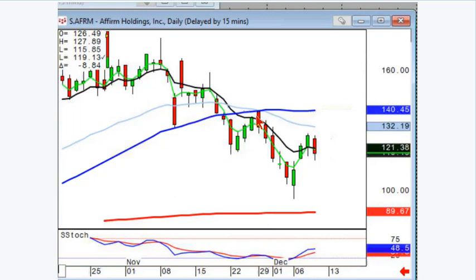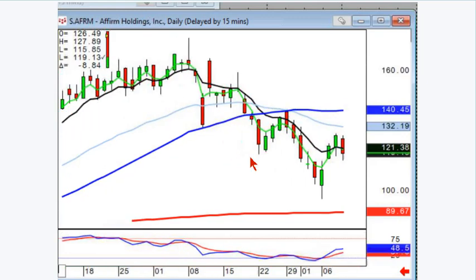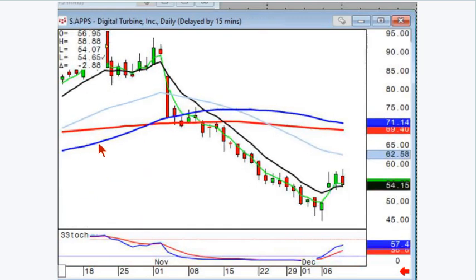It could have just barely opened above the previous day's trading, but as long as it opens above and closes halfway down, that's your dark cloud. Is that what I did on APPS? Yes.